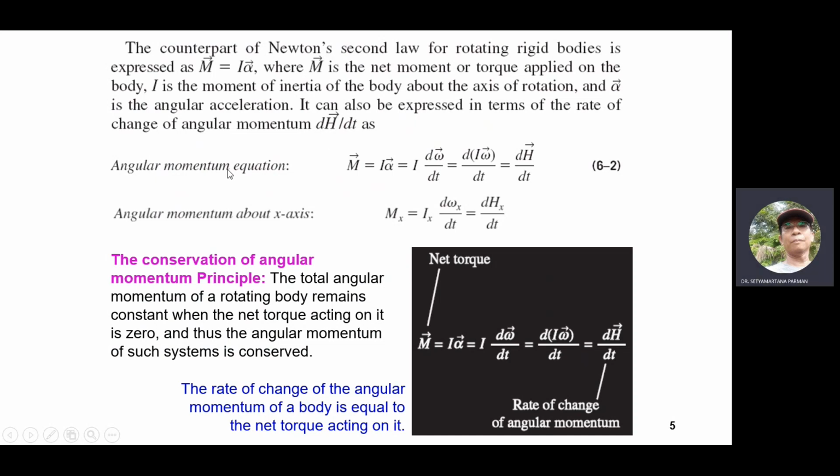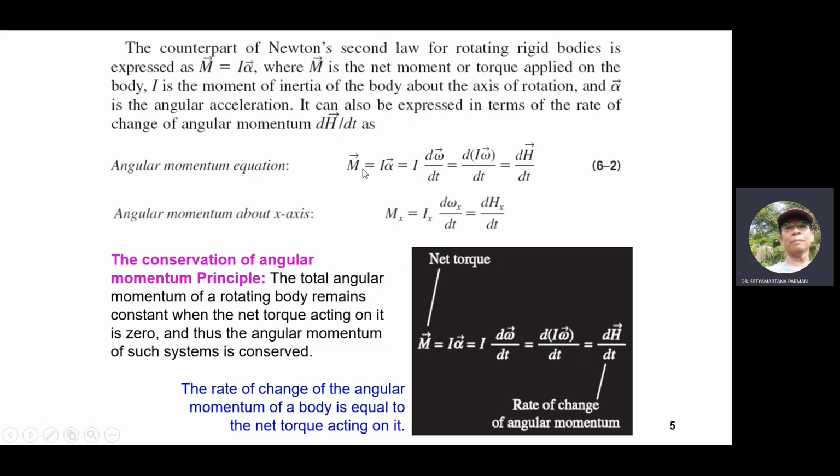So the angular momentum equation can be expressed as M equals I alpha, equals I d omega/dt, and then equals the rate of change d(I omega)/dt, and the multiplication of I, moment of inertia, and omega, angular velocity vector, is the angular momentum.